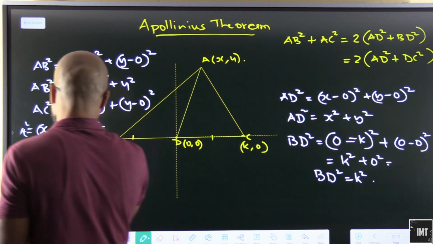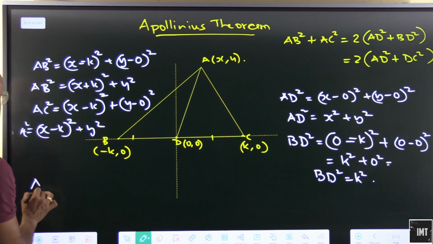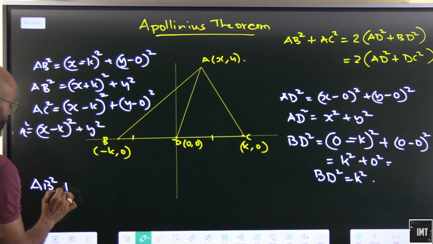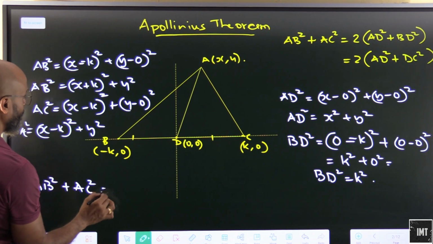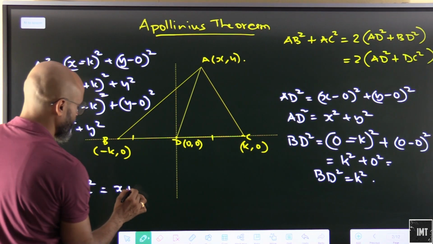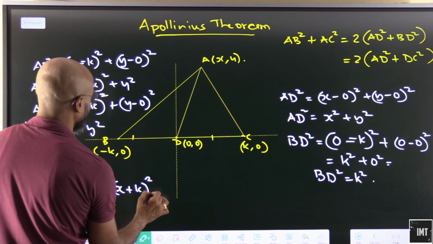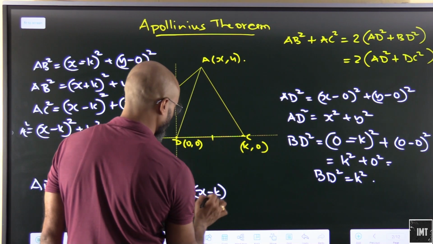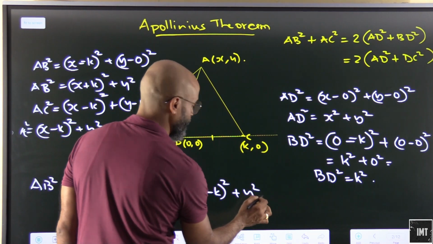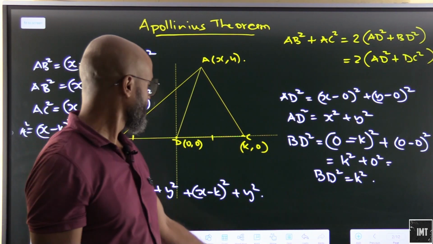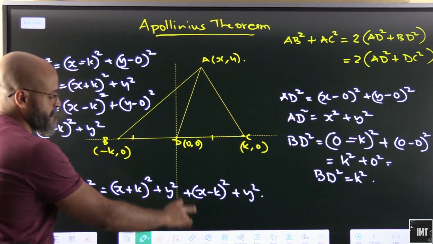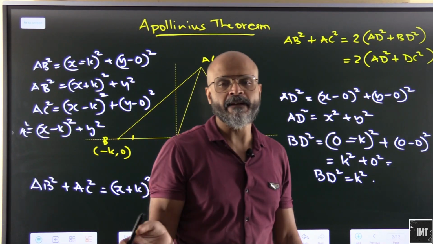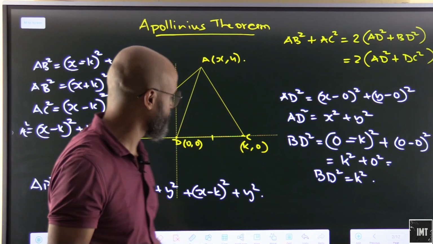All right. So if I add AB square plus AC square, how much would I get? (x plus k) square plus y square plus (x minus k) square plus y square. So this is (a plus b) whole square and (a minus b) whole square.